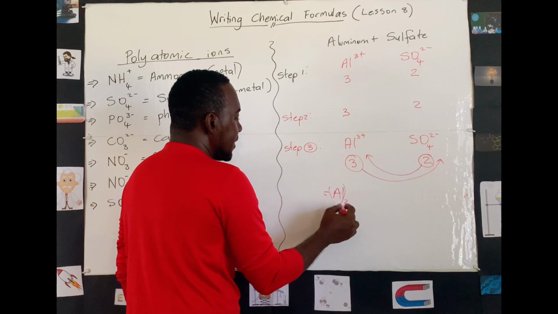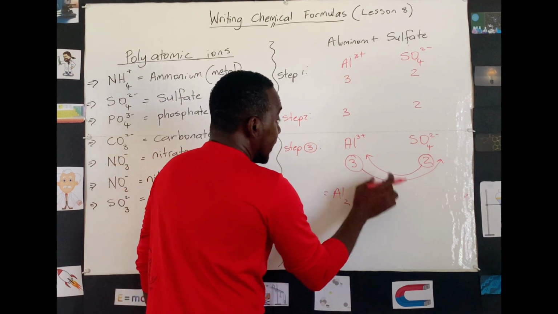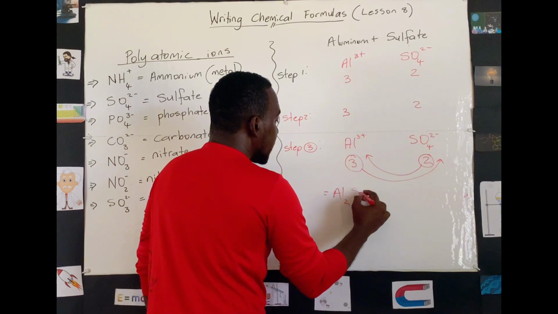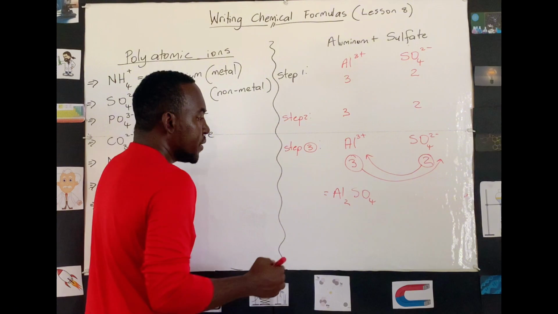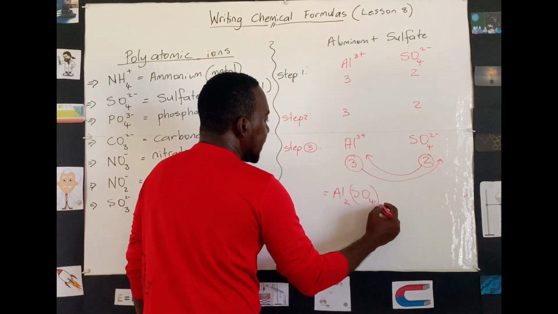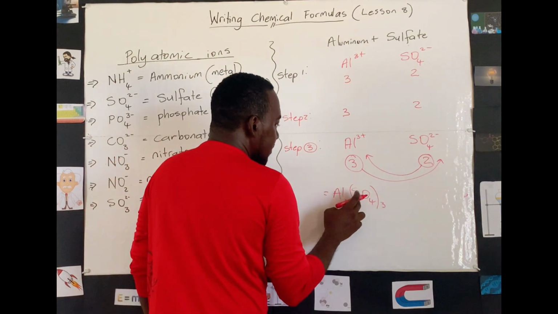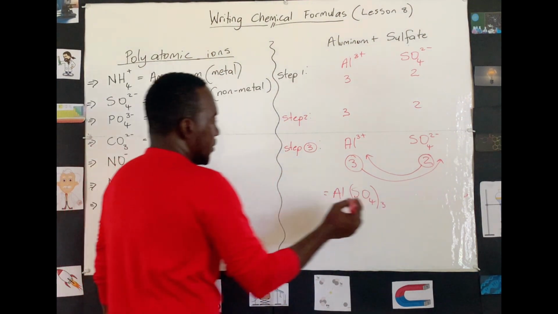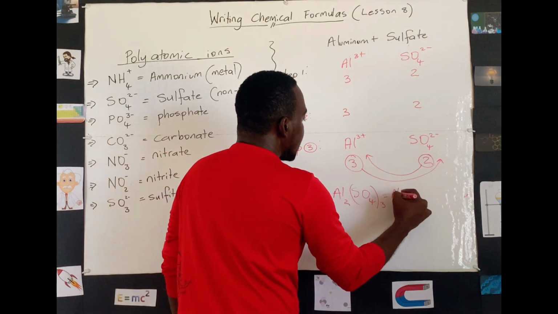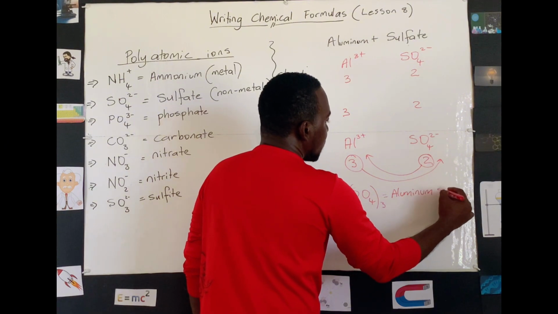No bracket is needed because it's just one thing. And then we need 3 SO4. So SO4 is 2 things together, so we have to bracket to show that it's 3 of each that we need. So it's 3 S and then 3 times O4 that we need. So therefore the formula here is aluminum sulfate.